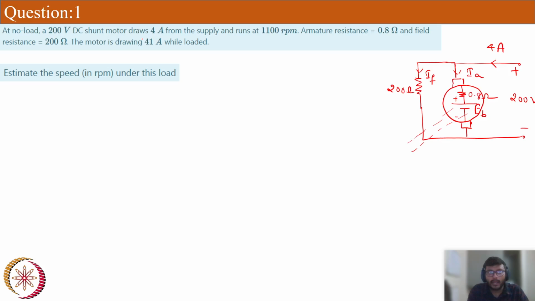Please calculate along with me and tell me the values of EB1 and EB2. IA1 is 3 into 0.8, and here it is 200 minus 40 into 0.8. I will also calculate, please calculate with me. It is equal to 197.6.